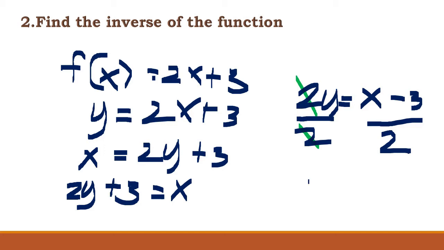Now y is isolated so that y is equal to x minus 3 over 2.